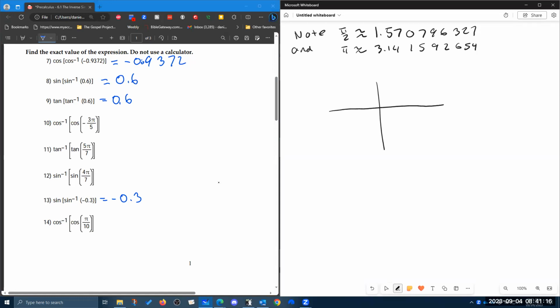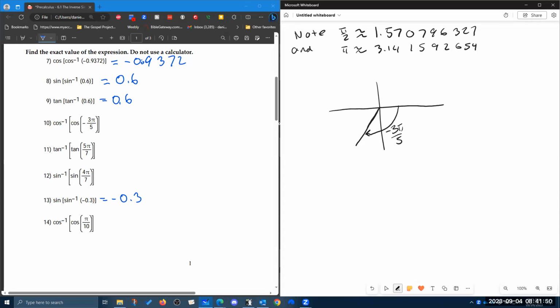down here in quadrant 3. -3 pi over 5 is over here because -3/5 is -0.6, which is less than -0.5. It's further in a clockwise direction from that. So we need to be in quadrant 3.